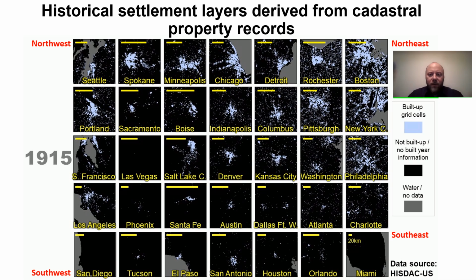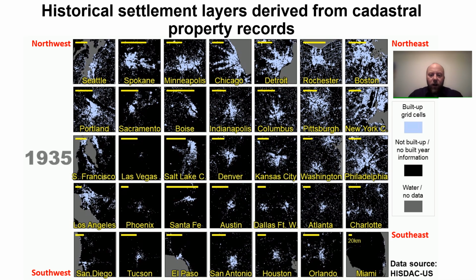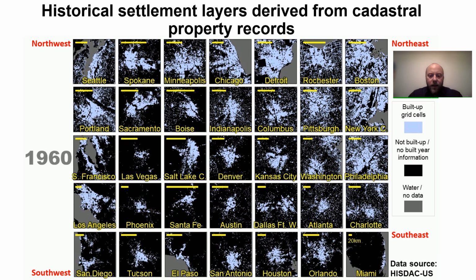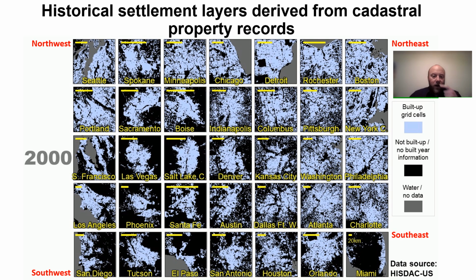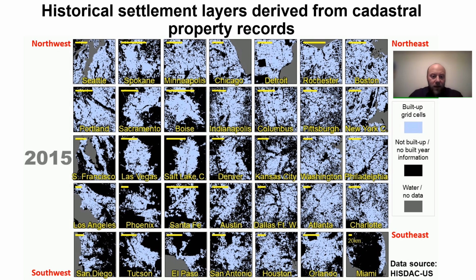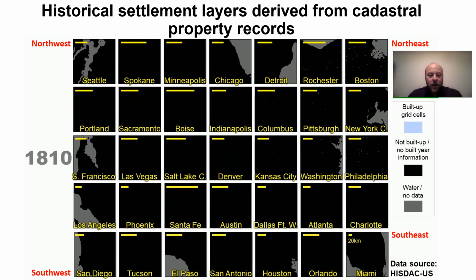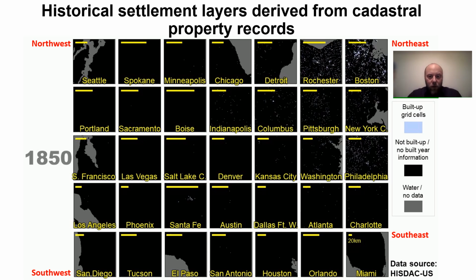So you can obviously see how the Northeast developed earlier, then the southern cities in Texas, etc., grew much later but much faster. An extreme example would be Las Vegas, that started to grow very, very late, but then expanded very, very fast. So maybe we can watch it once more.